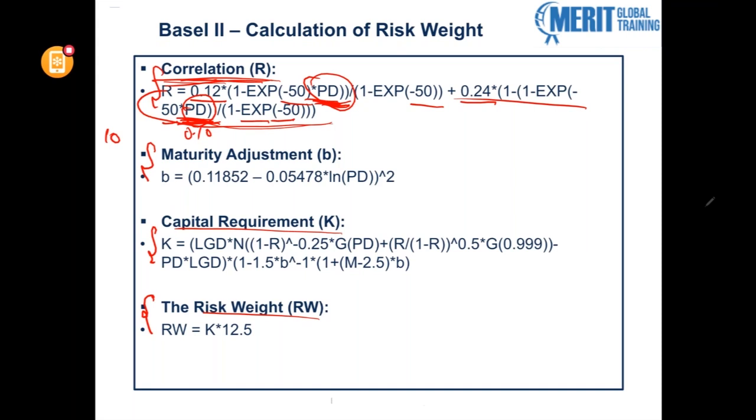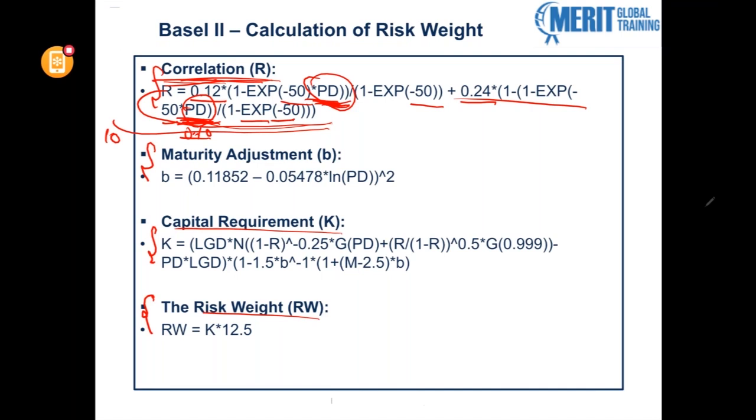Nobody will ever ask you to highlight this kind of formula, maybe in an interview or on the job. If you're looking to change career, you want to move somewhere, nobody will ask you all this information in an interview or on the job, never. But what's the impact of the PD that we input on this correlation value, on this formula? Okay, so those are the kind of things that you need to know.